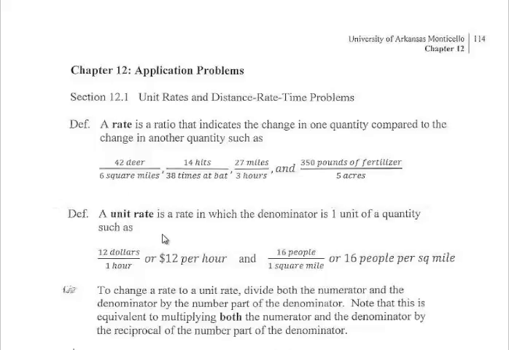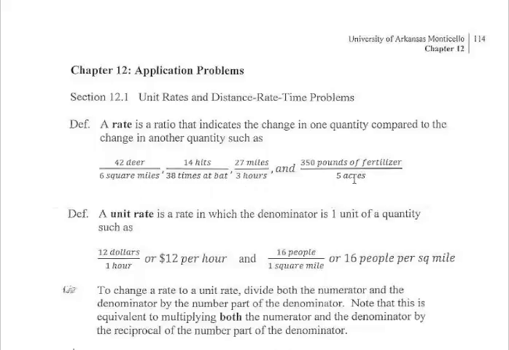We're going to be dealing with a lot of things like speeds, miles per hour, and unit rates. For instance, in terms of population, how many people live in a square mile area. So different things like that.